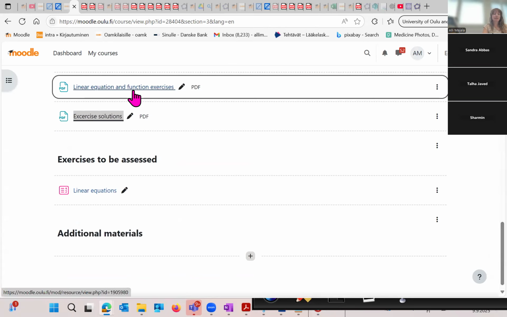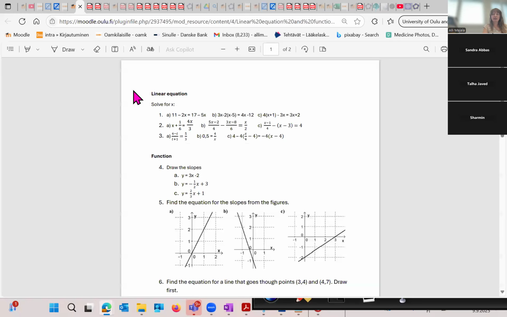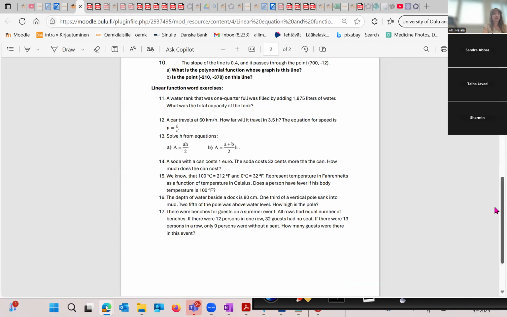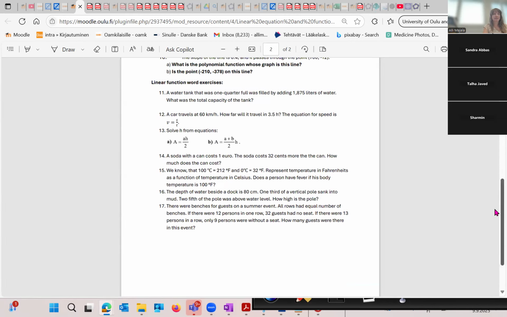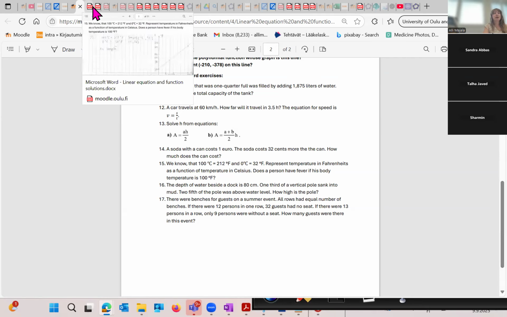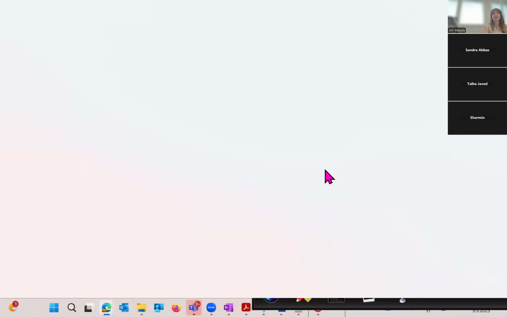So how about the rest of the exercises? Have you already done them, or should we maybe stay on this topic still this lesson? Or do you find them really simple? Did you already do these exercises here?